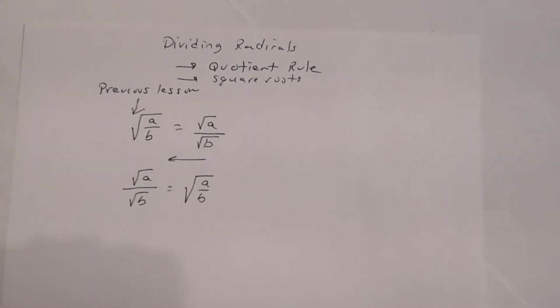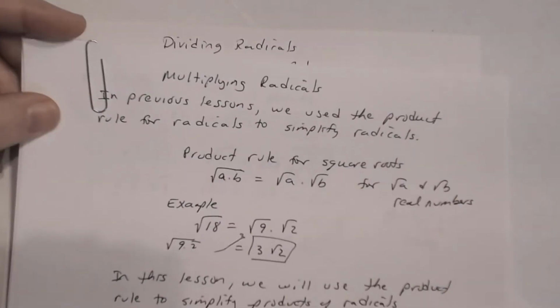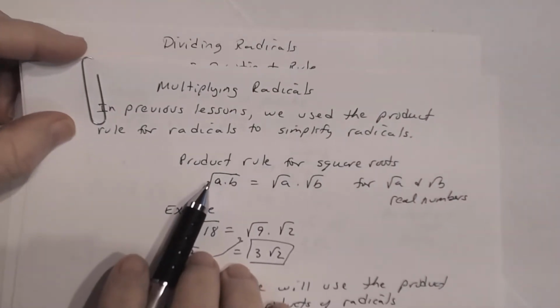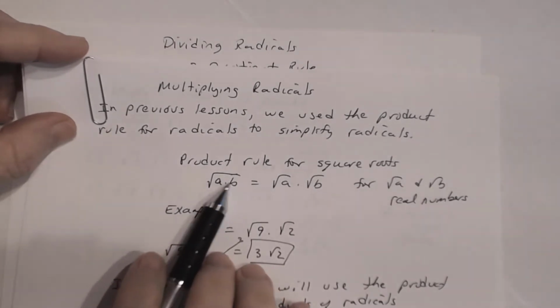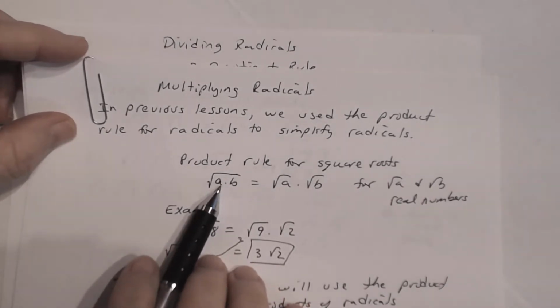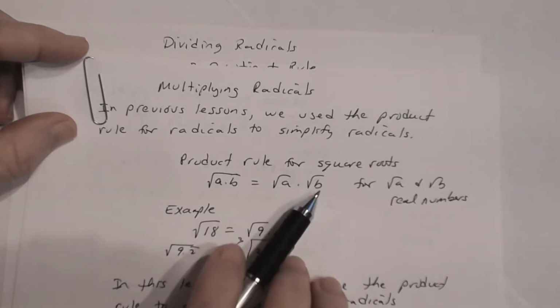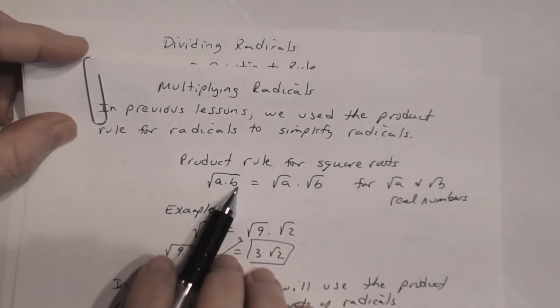It's very similar to our previous lesson when we talked about the product rule. Remember, we had first talked about the product rule, where the square root of a times b was the product of the square root of each factor.